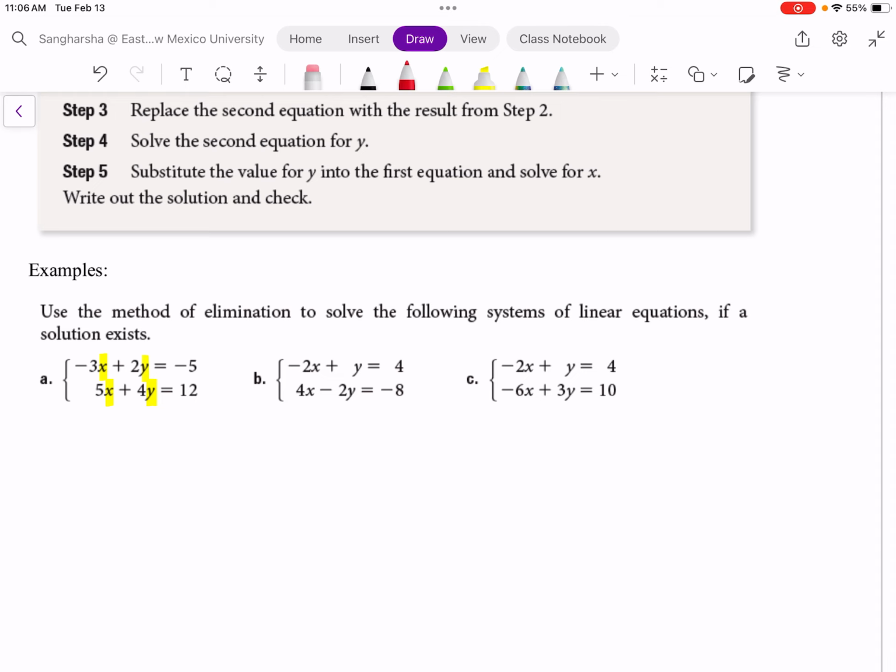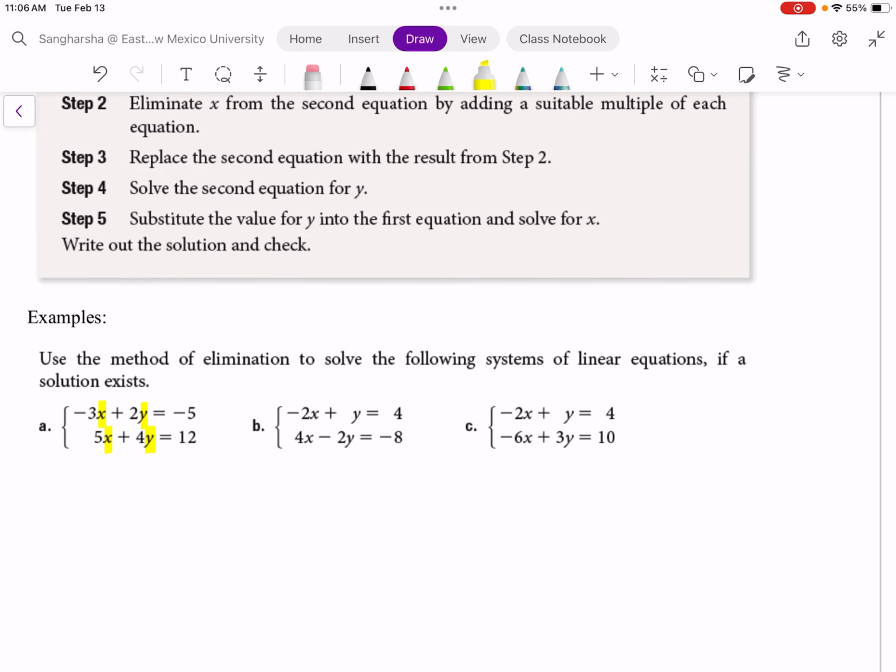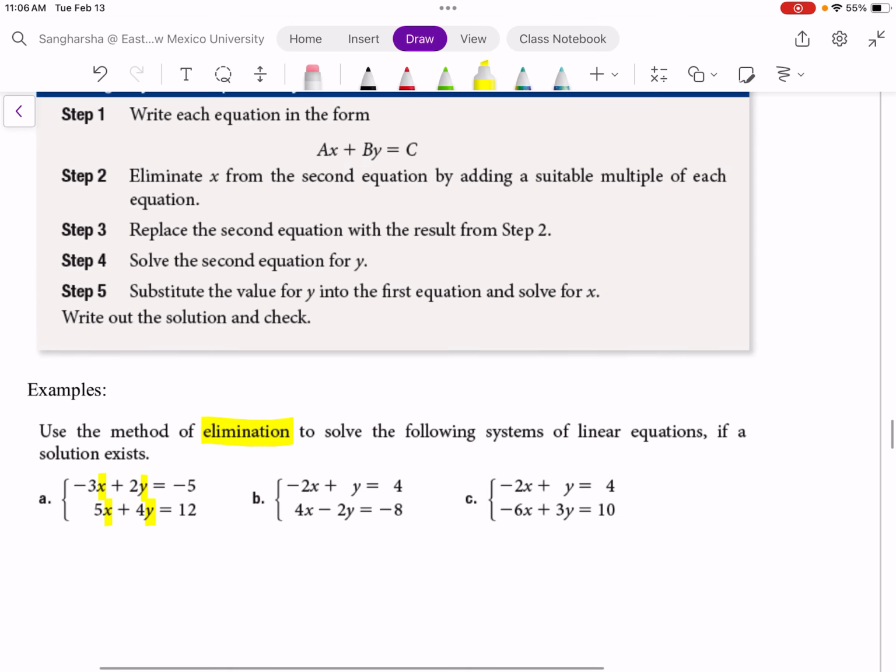But at first we will use the elimination method to solve this system of linear equations, okay? In the elimination method, we have to eliminate one variable, okay? So let's take example A. We have the two variables x and y.